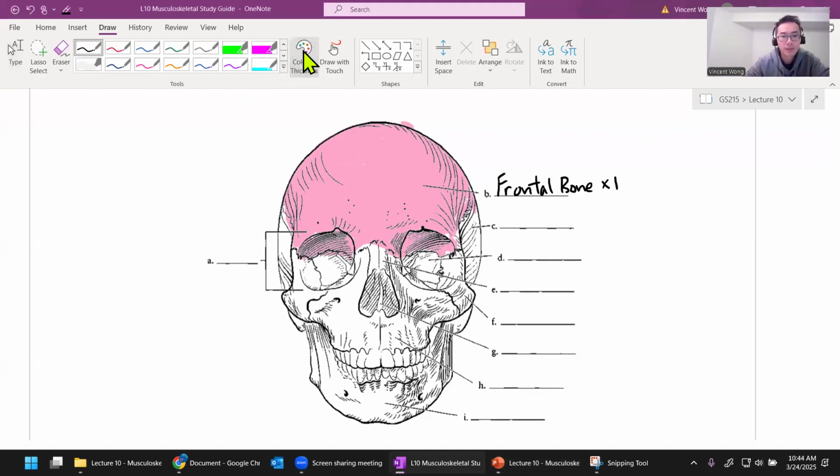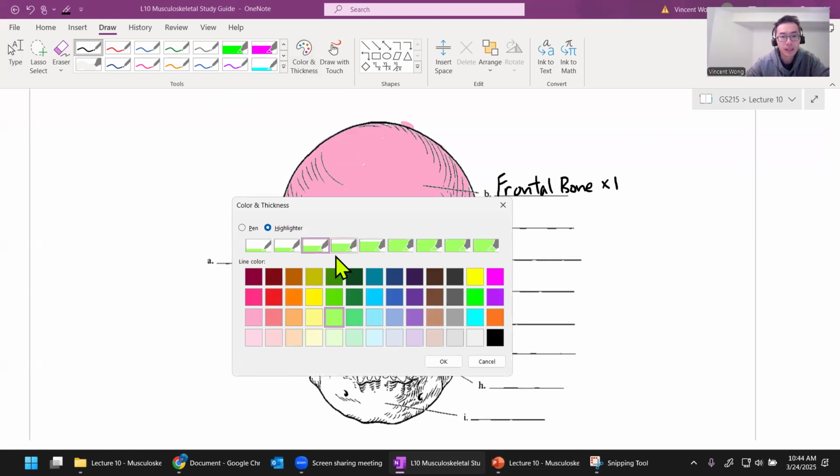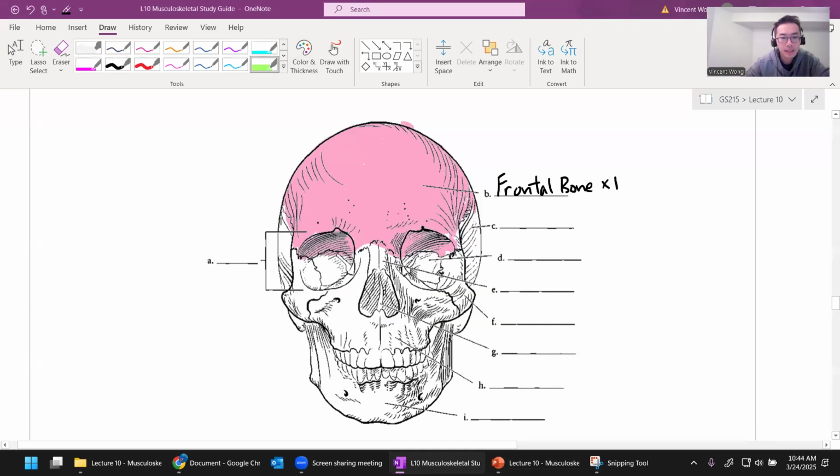All right, let's do something else right here. On the side, right here. Okay. That is the temporal bone. You can see the parietal. Parietal is a little bit higher. You won't be able to see it on the side.